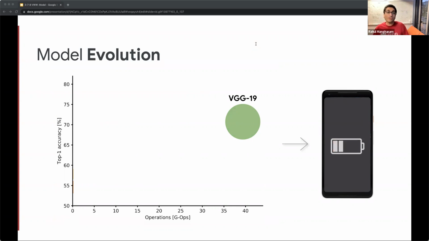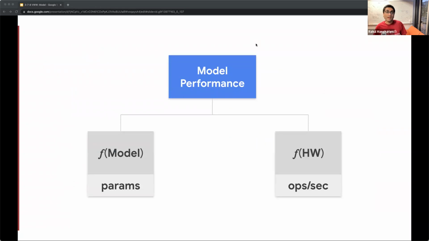You don't want it to need a lot of computation. So there are two fundamental constraints: the number of model parameters, and the number of hardware operations you can perform per second. These two together give you a small network that can run efficiently on a mobile device or a TinyML device.